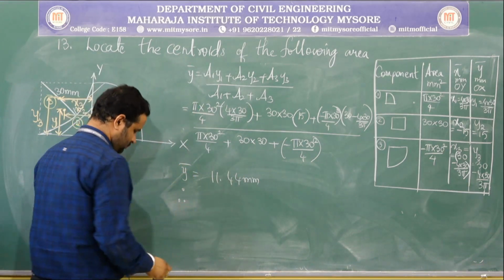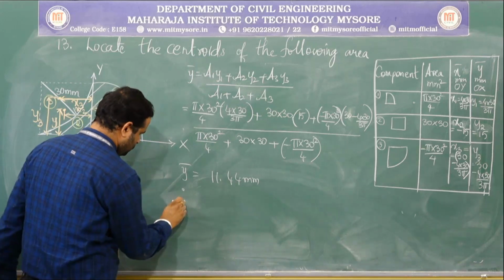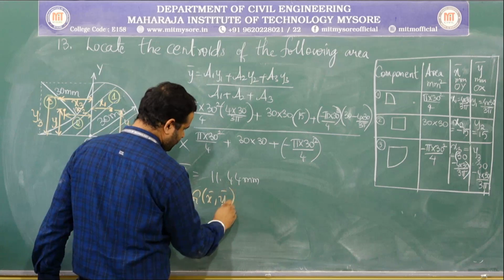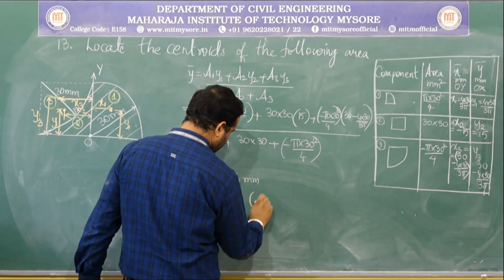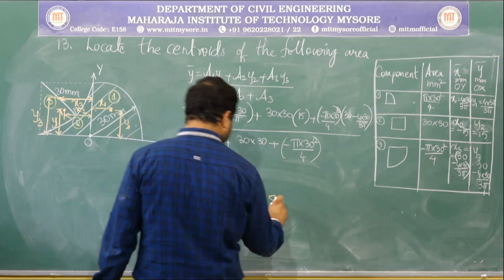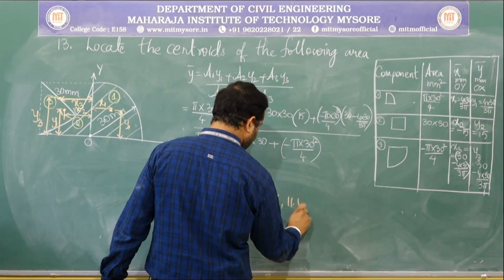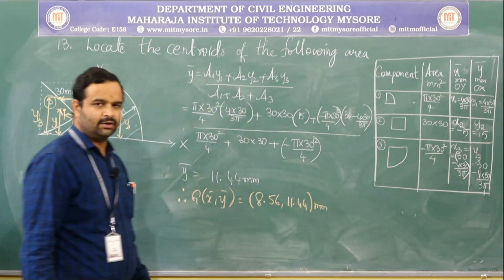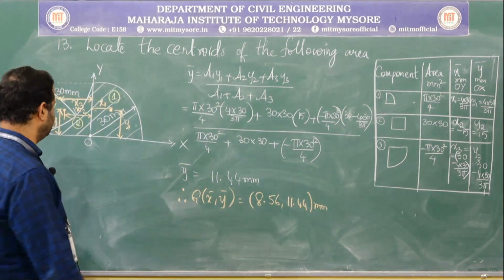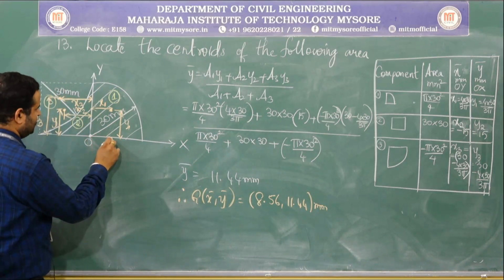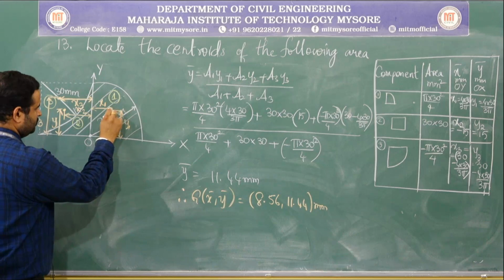Therefore, G of X bar comma Y bar is equal to 8.56 comma 11.44 mm. So, these are the coordinates of the centroid G. So, X is 8.56 and Y is 11.44.